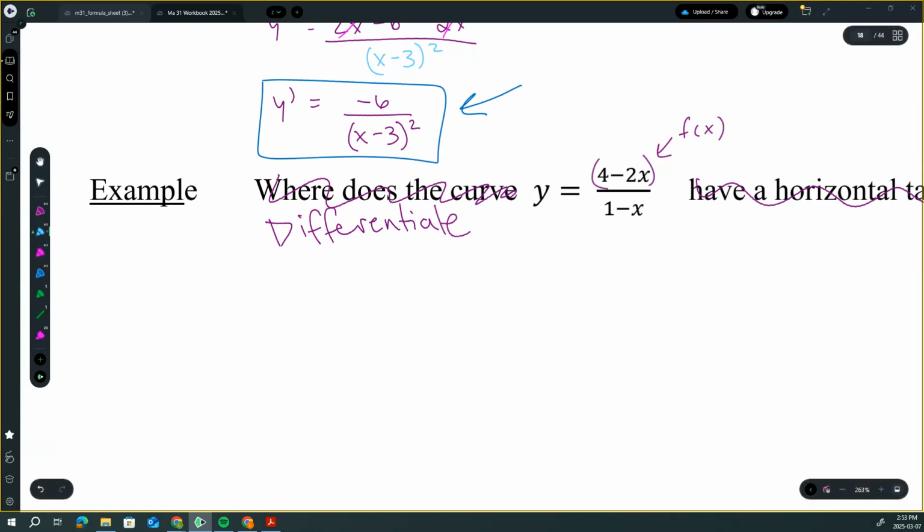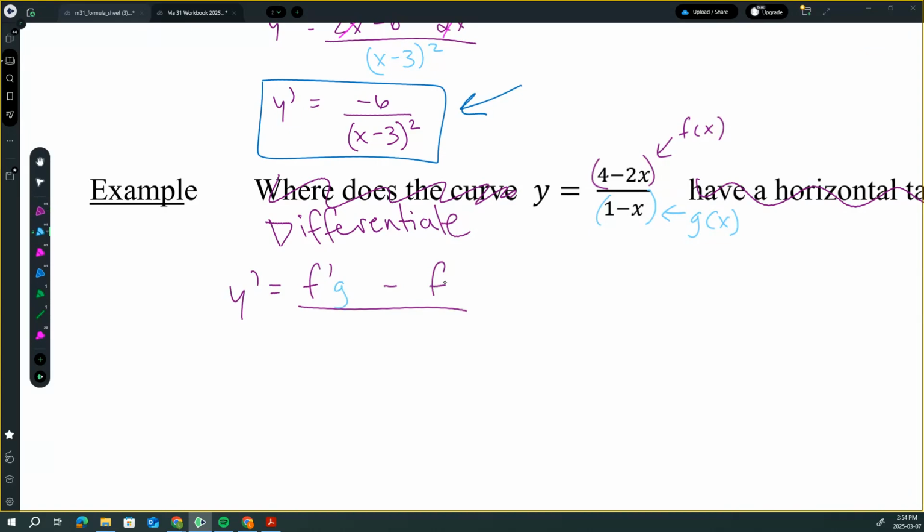So this is my f of x, this is my g of x, so y prime is equal to f prime times g minus fg prime divided by g squared.